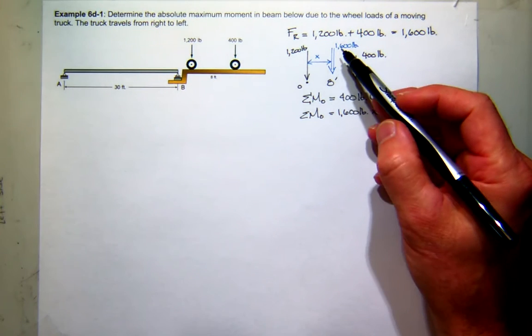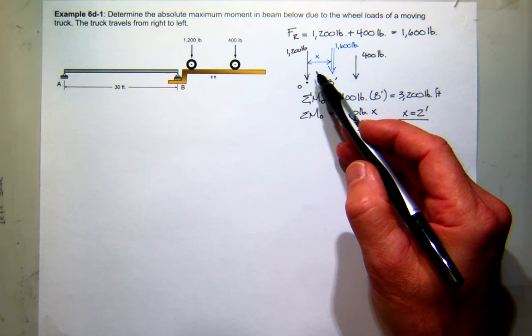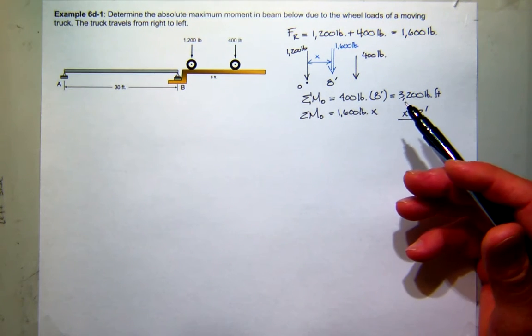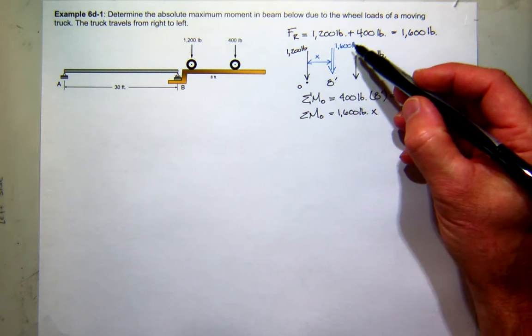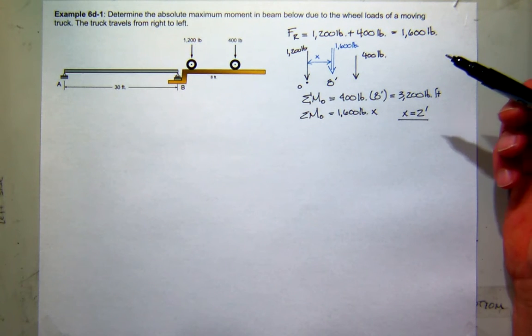So now I have a 1,600 pound force that would be 2 feet from the 1,200 pound force, and that would create equivalent force and equivalent moment. So anytime I can use just the equivalent force to find any kind of reactions, you should do that.